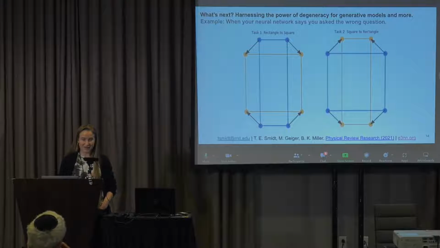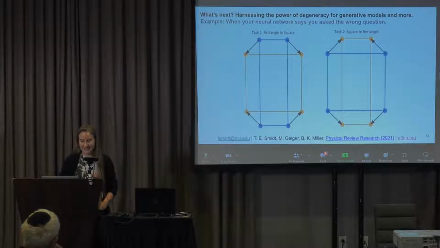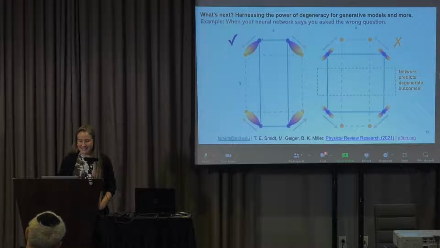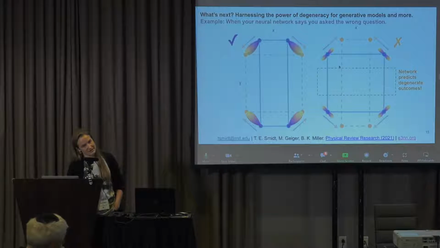If I ask one of these models to deform a rectangle into a square, it can do the task. But if I ask it to deform a square into a rectangle, it can't. If I ask it to predict the distribution of prediction vectors, basically it can predict to distort this point to the square. But in the case of this problem, even though I only showed it one rectangle to distort to, it is able to infer that there's actually two degenerate solutions.